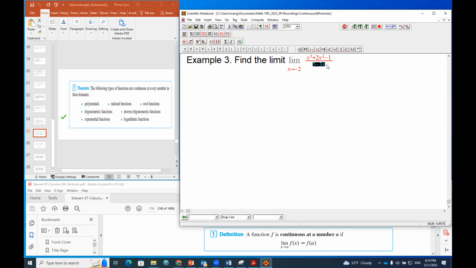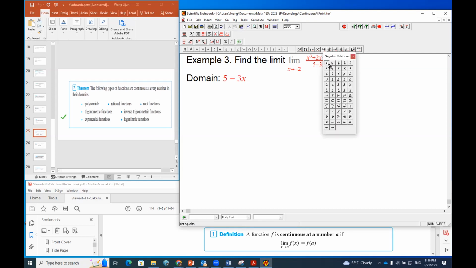So let's see what the domain is for this function. As long as 5 minus 3x is not 0, that's the only number of concern. That number cannot be in the domain. So x cannot equal 5/3.